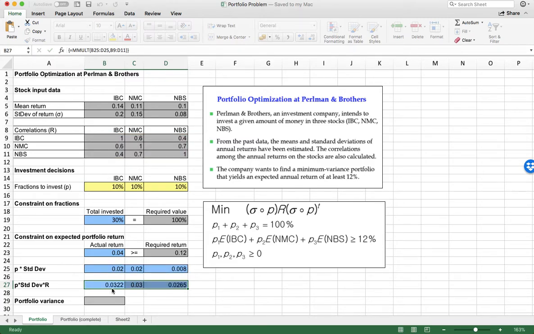Then you will see that the numbers are automatically computed and entered in the cells. Once you did that, I am going to use SUMPRODUCT to complete these computations. SUMPRODUCT of my first array and the P times standard deviation. That will give us the variance of my portfolio.